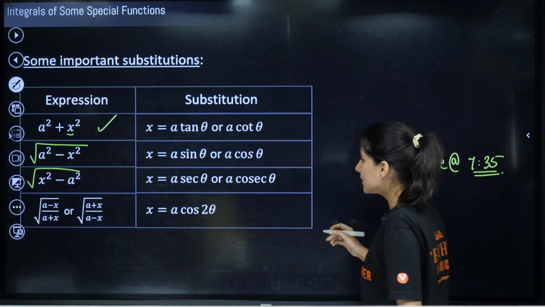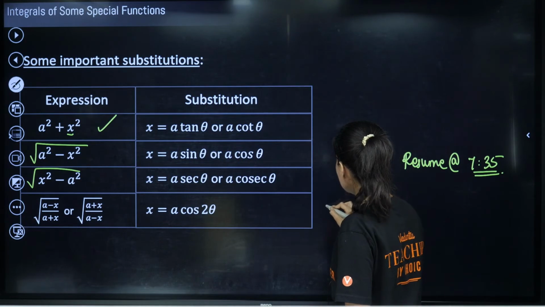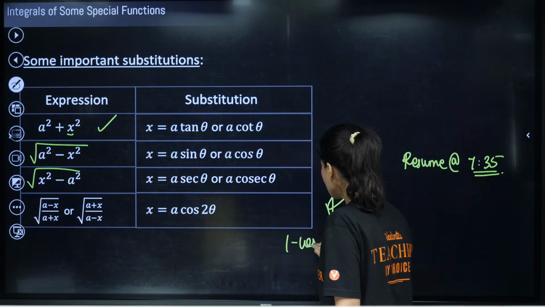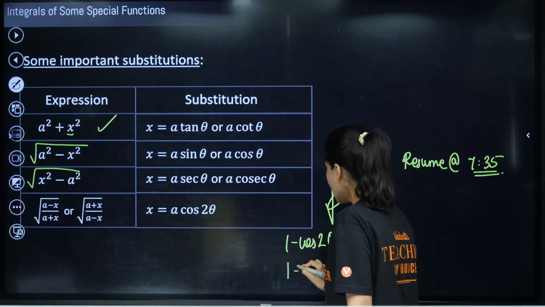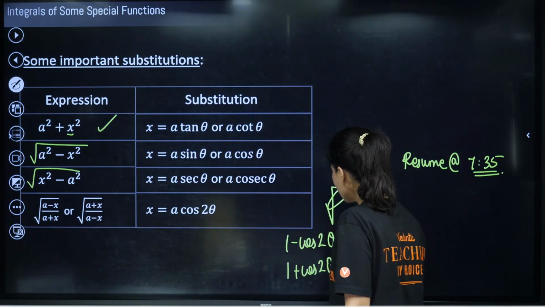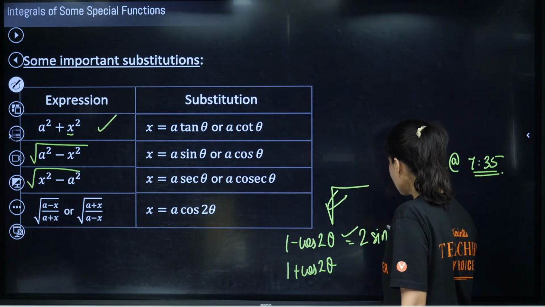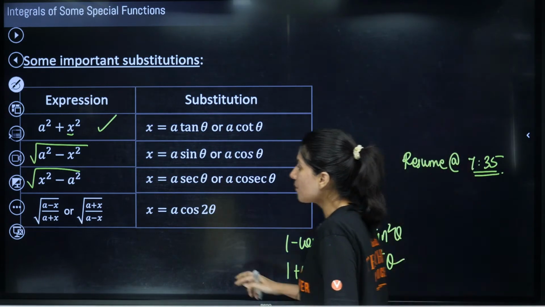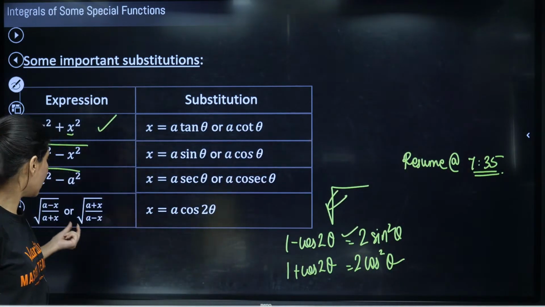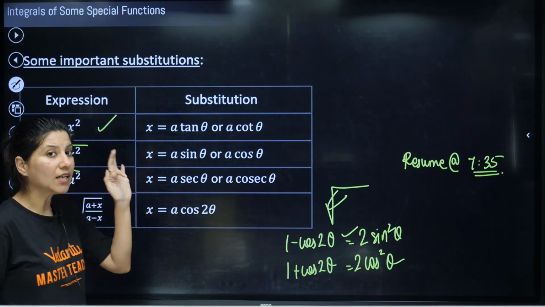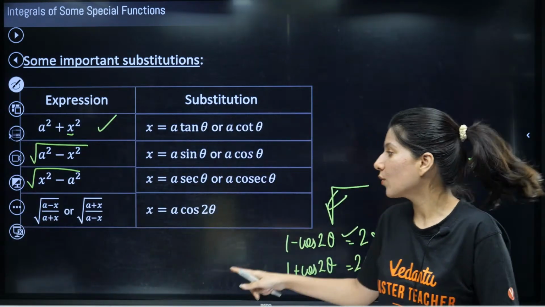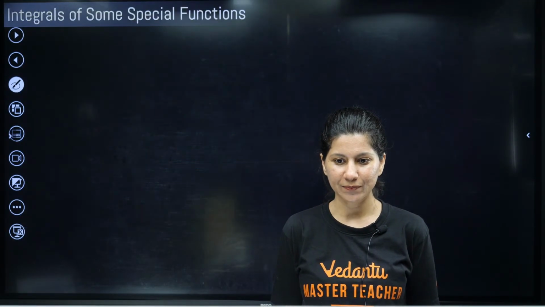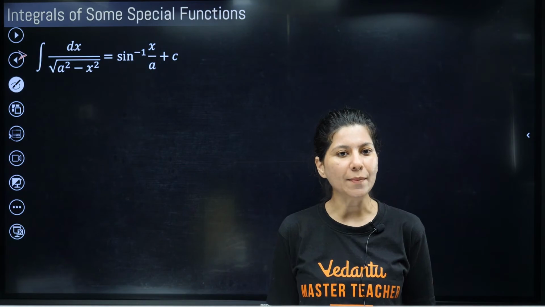Why? Because you know that 1 minus cos 2 theta is also a formula, and 1 plus cos 2 theta is also a formula. So this is 2 sine square theta and this is 2 cos square theta, correct? So if you see both the terms, a plus x and a minus x, in a single expression, then you are going to put a cos 2 theta. Okay, all right, clear? Chalo, let's do some problems.